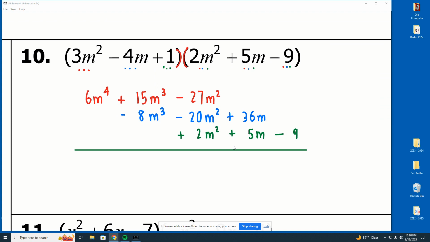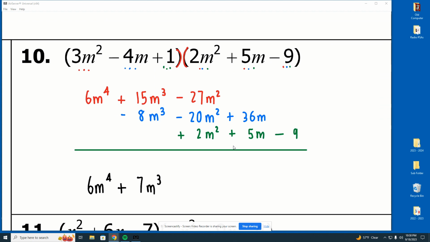So ready? Here we go. 6m to the 4th. 15 minus 8 is positive 7, and the variable stays the same. Negative 27 minus 20 is negative 47.